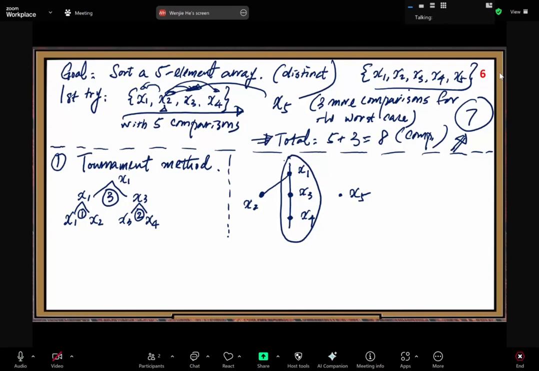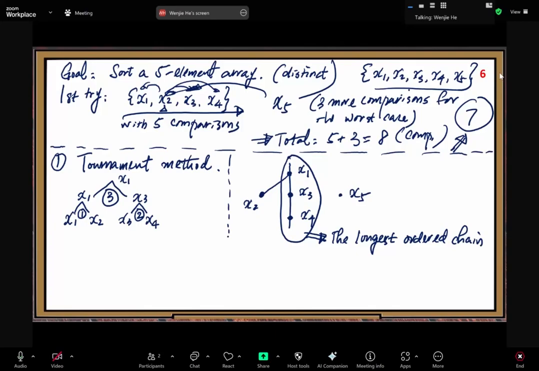In our current data, these 3 elements form the longest ordered chain. This is our longest ordered chain.